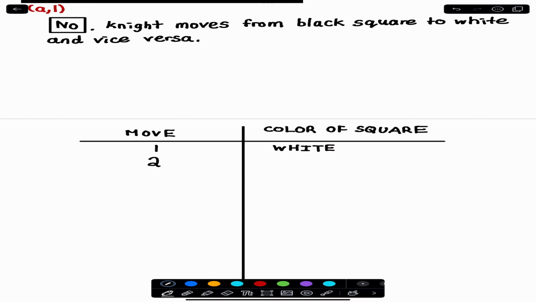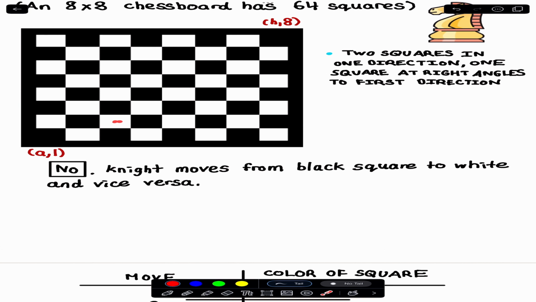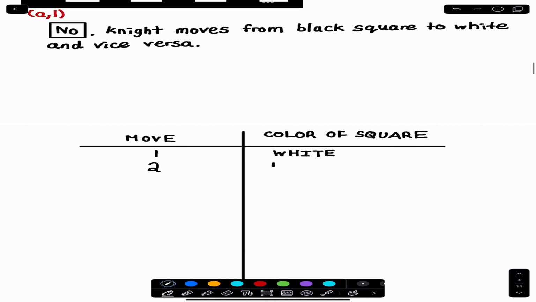And then move number 2 will take us, if we're on a white square now, let's say this one. Doesn't really matter which black square it is, but the point is, after move number 2, we will be on a black square now. After move 3, we will be on a white square.